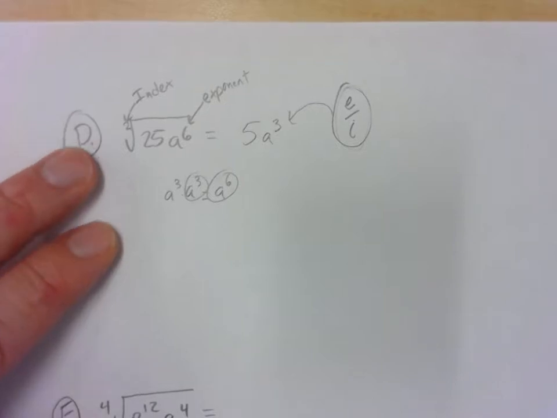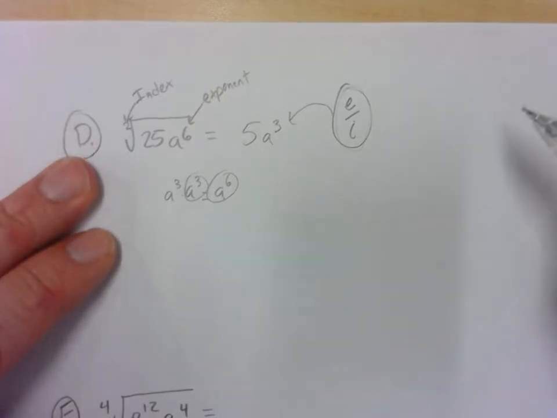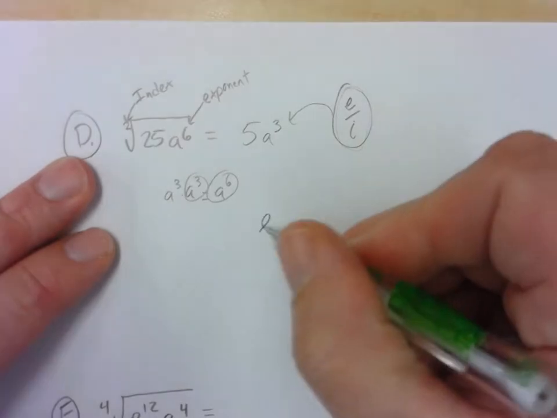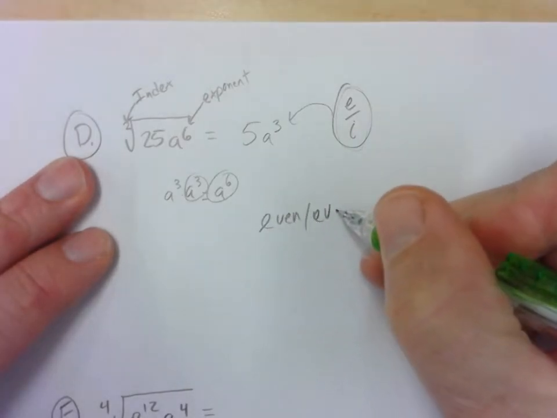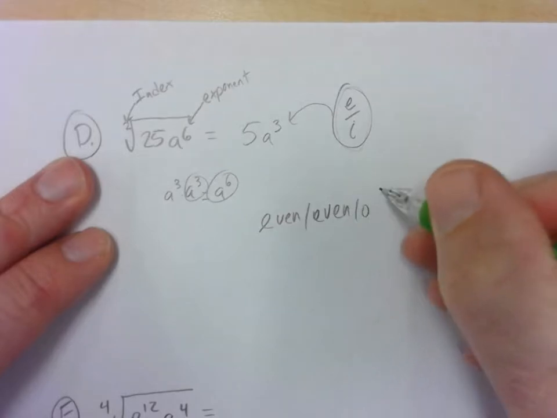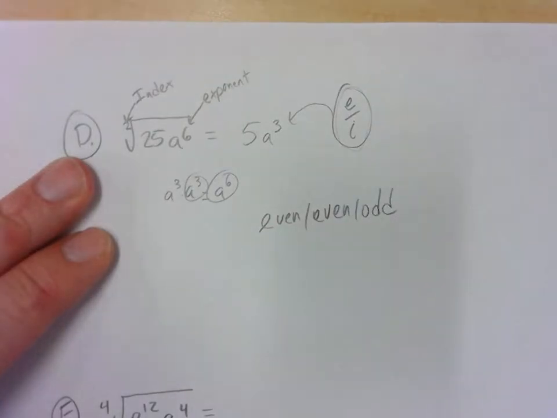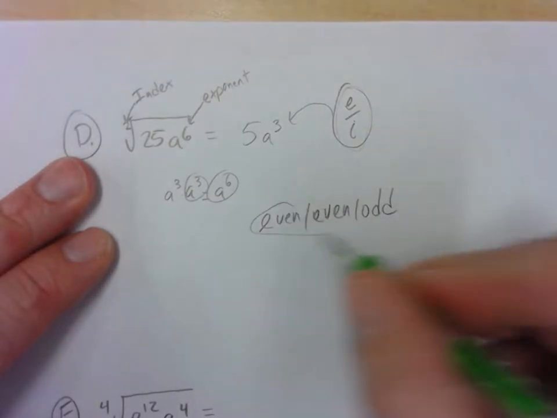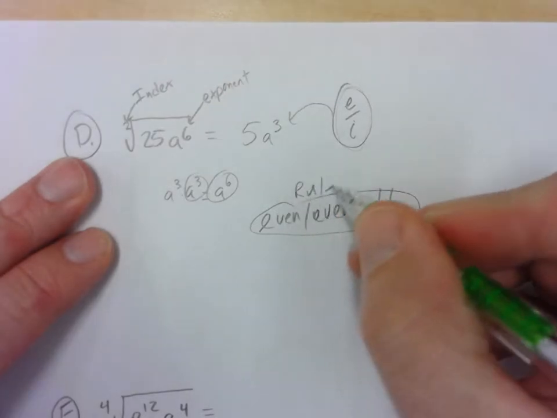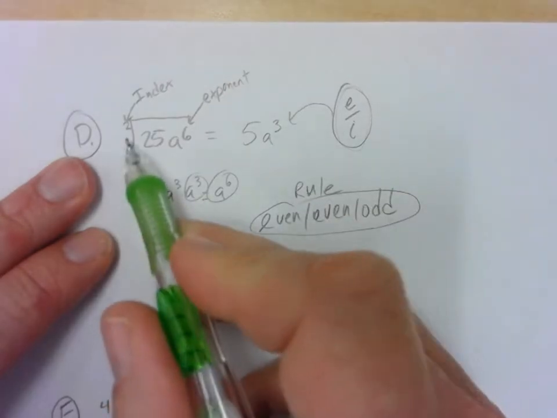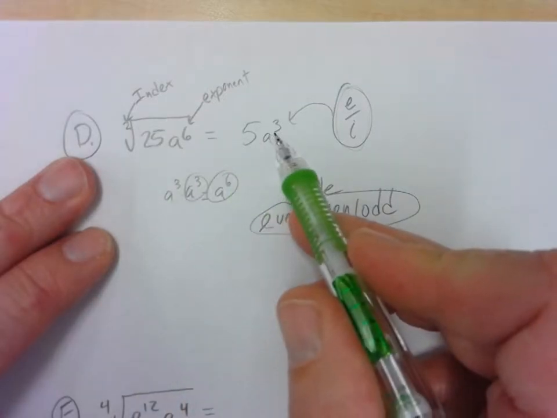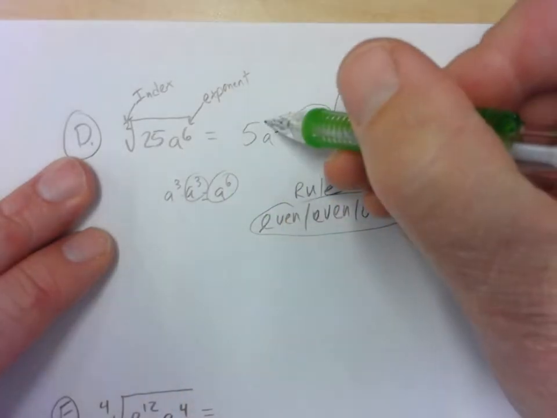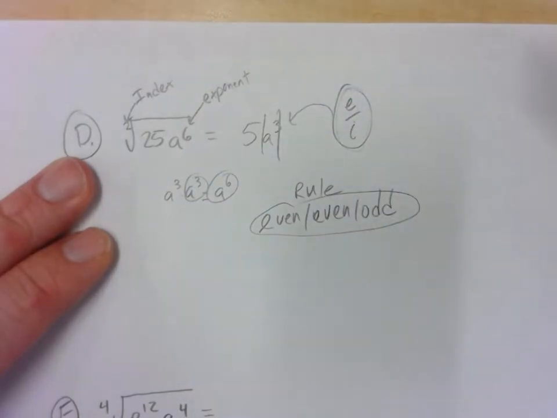The other thing we need to go over is a situation, I call it the even odd rule. The even odd rule says that if you have an even index, an even exponent, and an odd answer, you have to add absolute value around that.